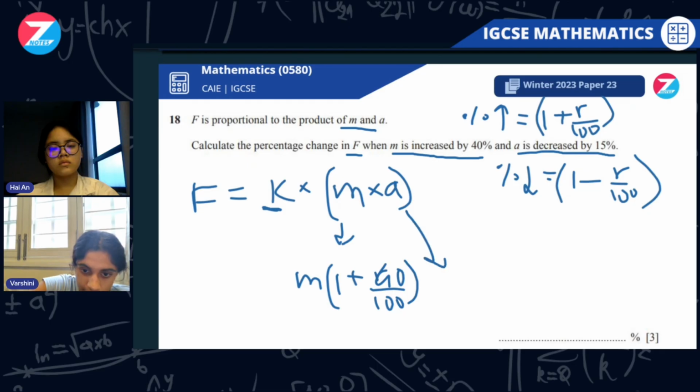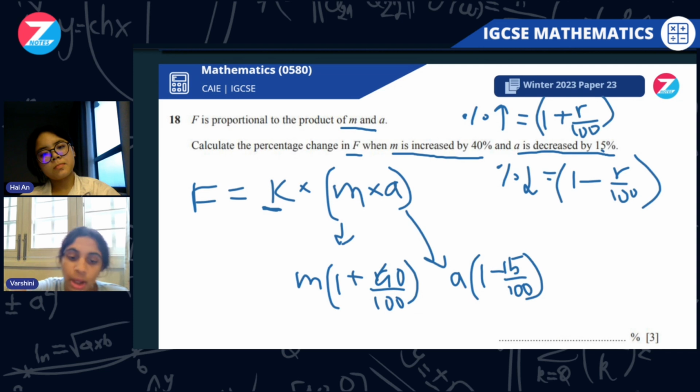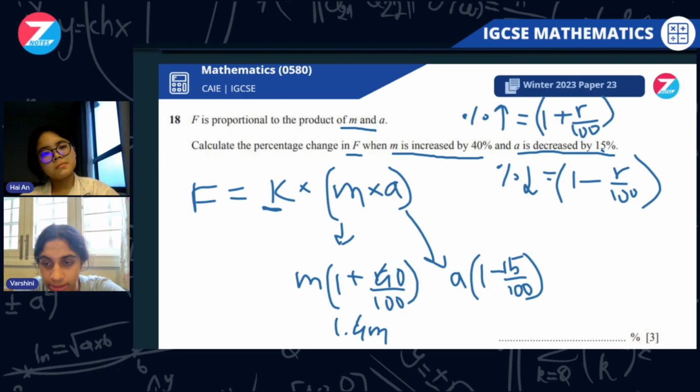And a is going to become a into 1 minus 15 by 100. If we put these values in our calculator, 1 plus 40 by 100 is nothing but 1.4. It's going to be 1.4m. Don't forget that a percentage increase is this into the amount and a decrease is this into the amount.